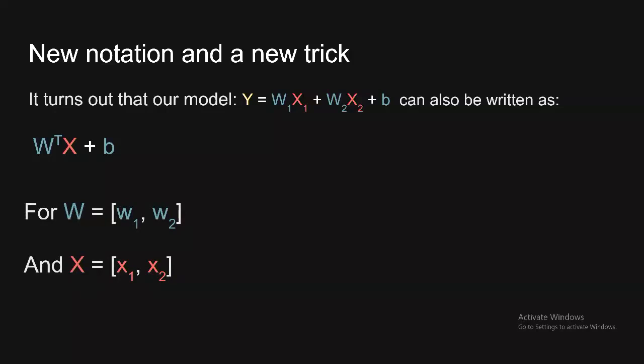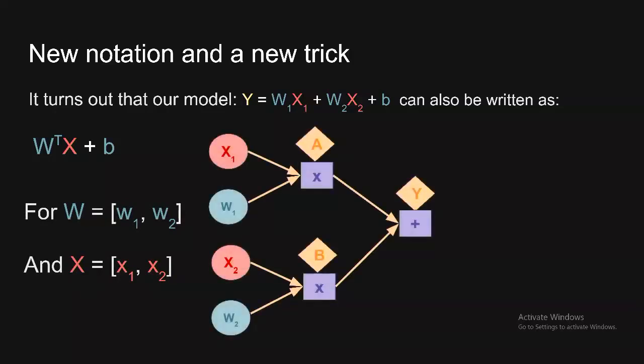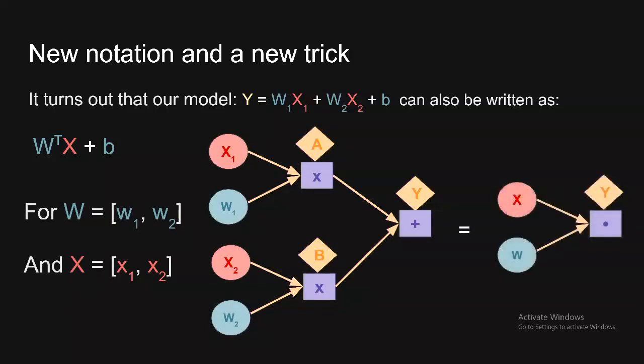We can turn this computation graph into some vector x and some vector w dot producted together. That's exactly the same: w transpose x is the same as w dot product x. From now on, when we see this operation in a computation graph, we're going to use a dot product instead of the whole notation.